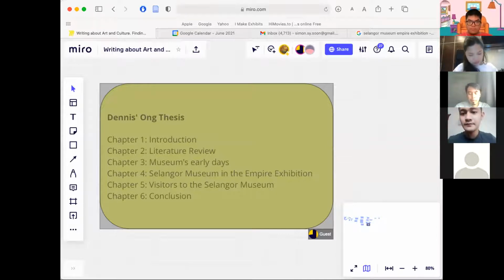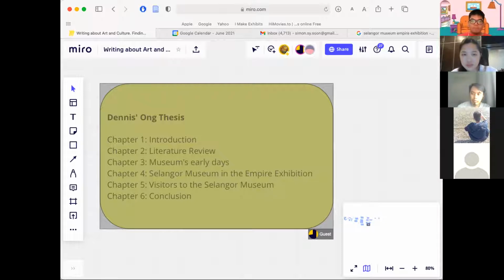But I'm not saying that we cannot be interested in KL history. I'm saying, how do you make the Selangor Museum as equally interesting as KL history, as something that you really want to figure out, rather than just a site where I'm able to tell the history of KL through this group of people who come together and form a little community club.